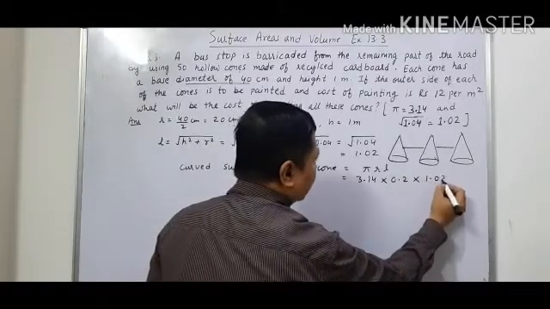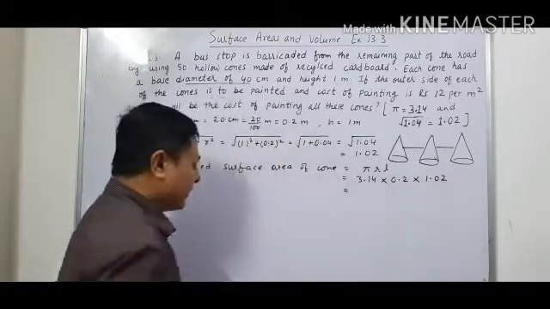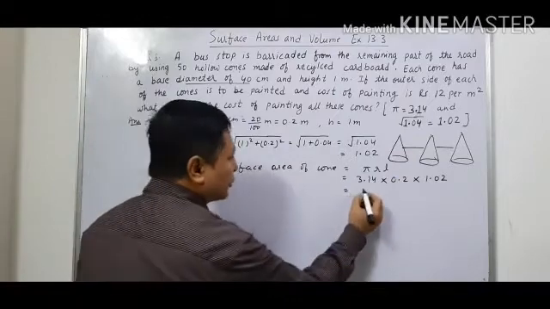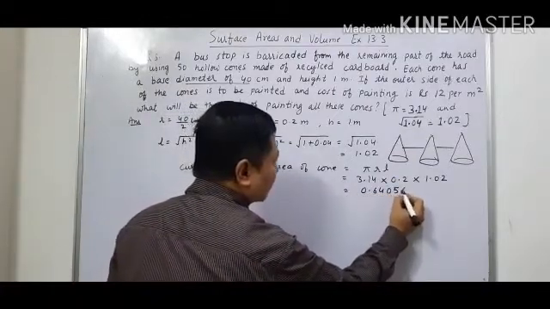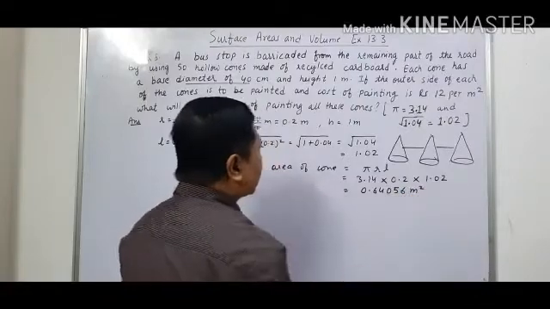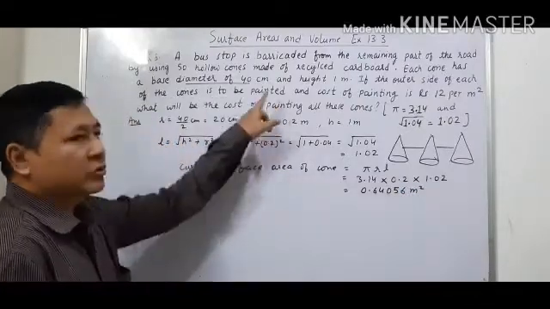So when we multiply this, we will get the area, which is equal to 0.64056 meter square.